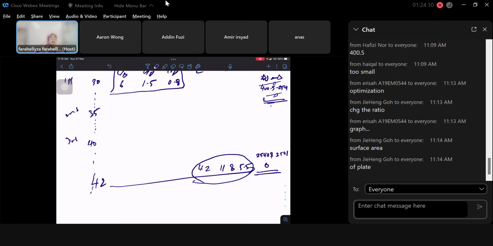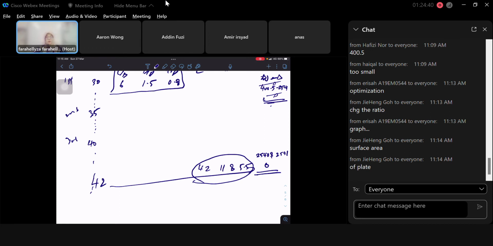Because you need a lot of plate. So bigger surface area of plate means bigger cost of production of the vessel, basically. We do not want a big cost, so we need to have an optimum surface area of plate.